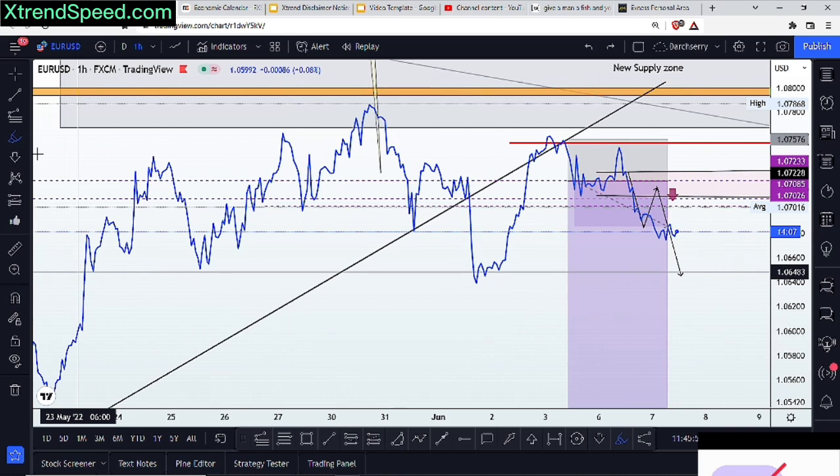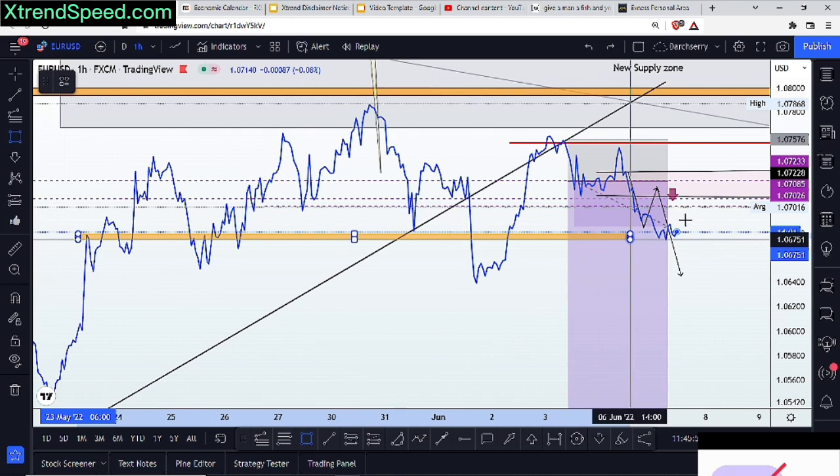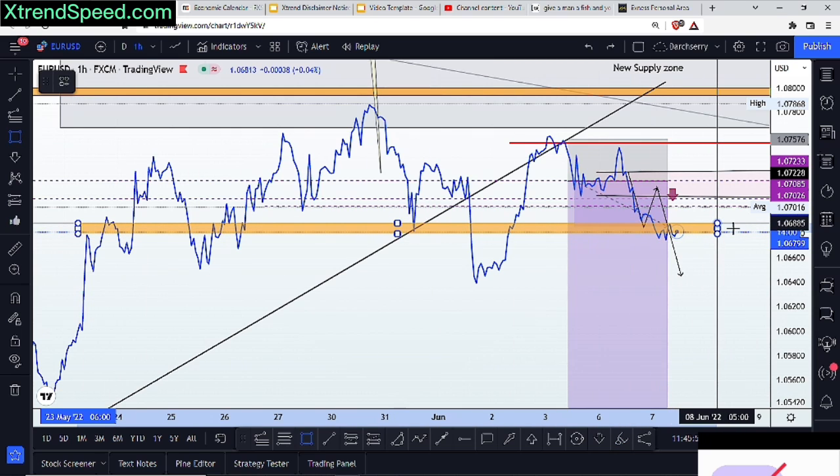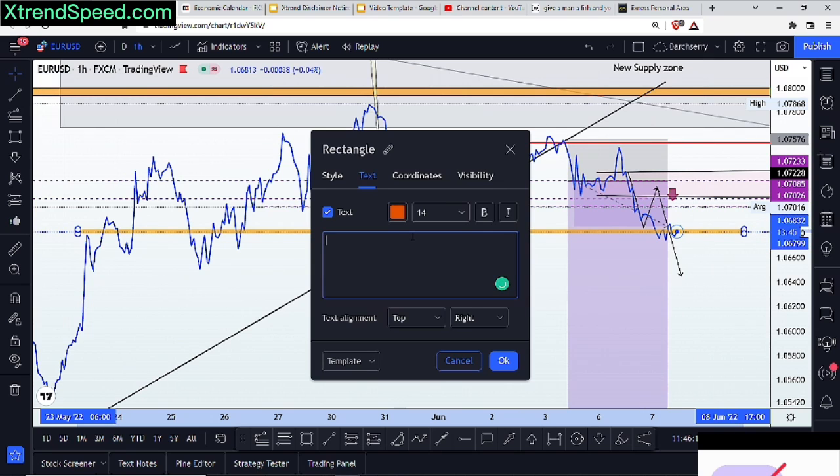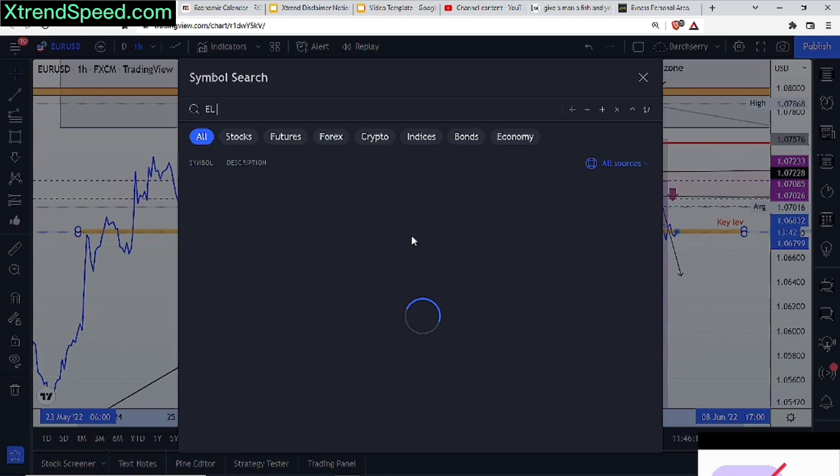So if you allow me, let's draw a line across so that this will be our guide going forward. So we have something around here to work with. I think 1.06800 area, or, okay, 1.06850, I guess. So let's label it.